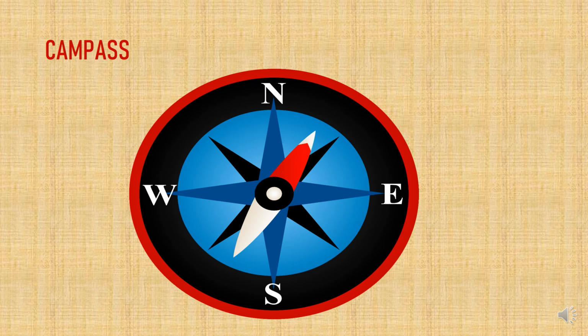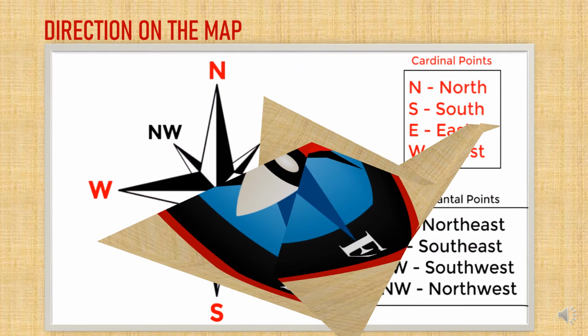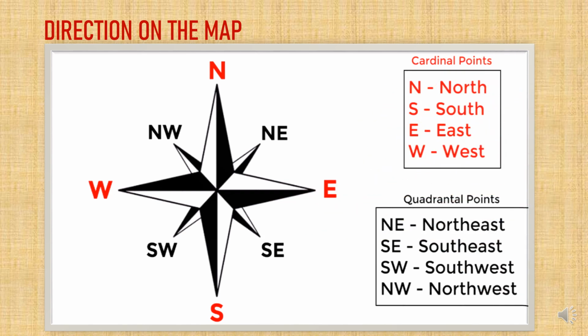Let me show you other midpoints which are not labeled on this compass, which are very important for this lesson because we need to use them later. These are the ordinal points: northwest, northeast, southeast, and southwest.